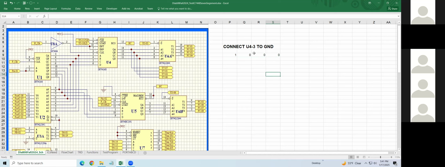If you look into the display, it says expected will be 1. Measured will be 1, 0, 0, 0.